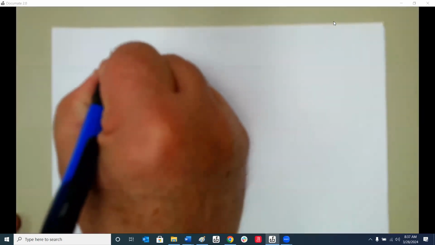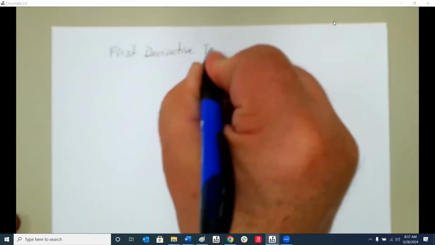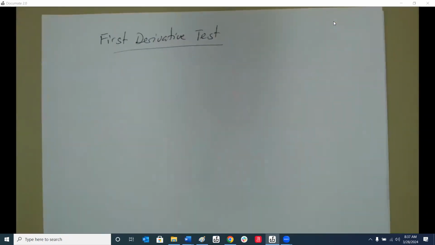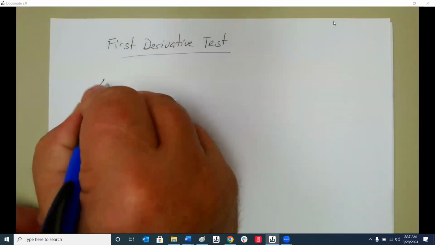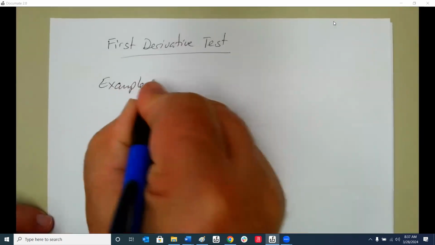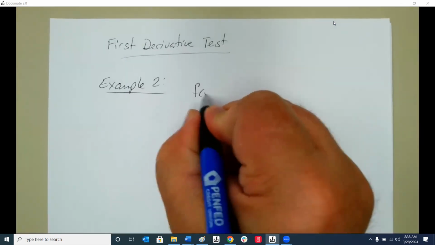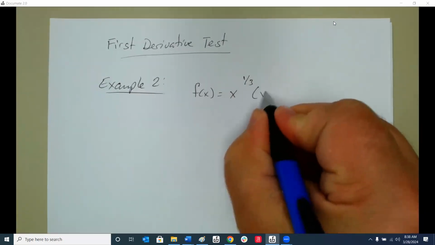And what we just discussed there has a name. That's called the first derivative test. The first derivative test is taking the first derivative, finding the maximum and minima points, and determining whether they are the maximum or minima. Our function is x to the power 1 over 3 times x minus 4.